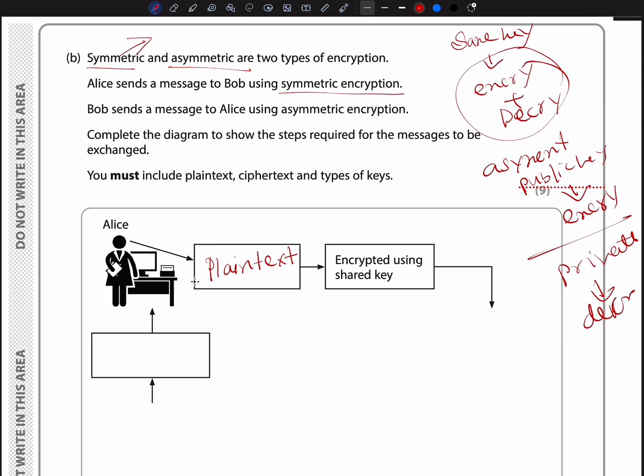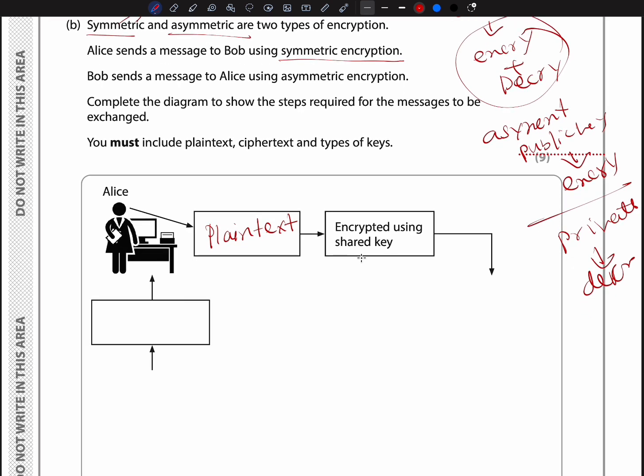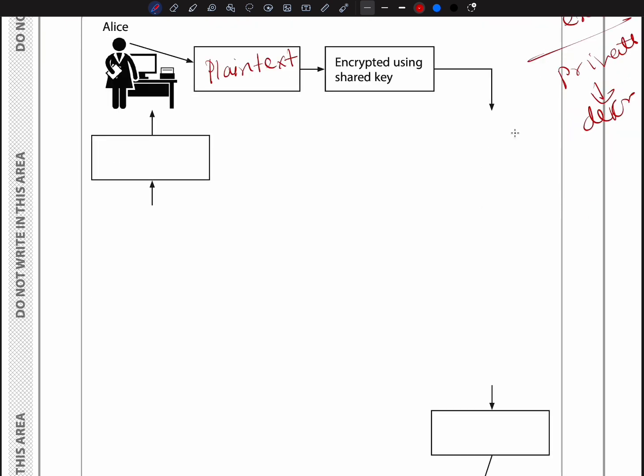So the plain text sent by Alice is encrypted using the shared key. Shared key is just an example of the same key. Then they use an algorithm to encrypt the data. The name of the algorithm is cipher text. This is the name of an algorithm.